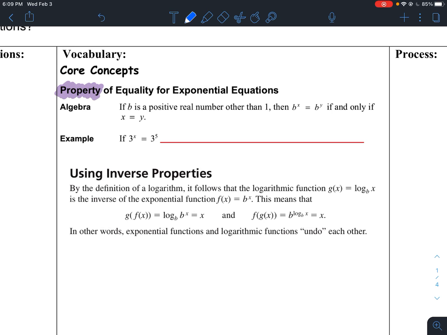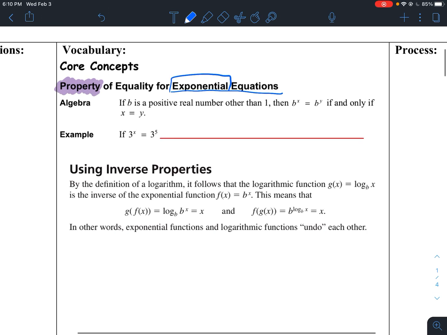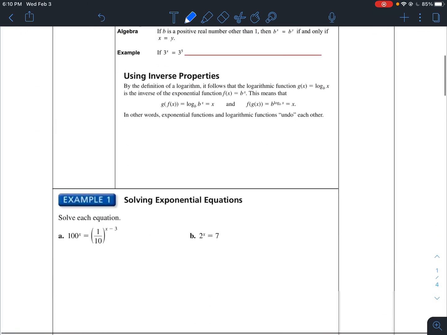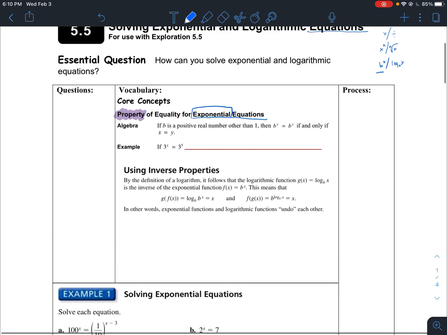So the first property to help us to solve exponential equations. We'll talk first about exponential equations, and then we'll talk about logarithmic, meaning that if we are given an exponential equation like this, we will be talking about how we can solve for x if it's in this expression, and then if it's in this expression.